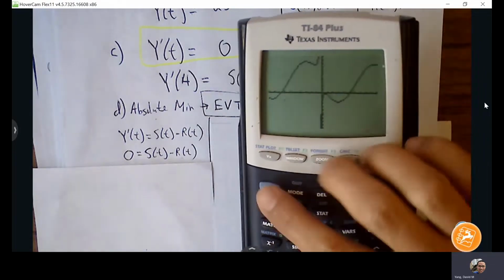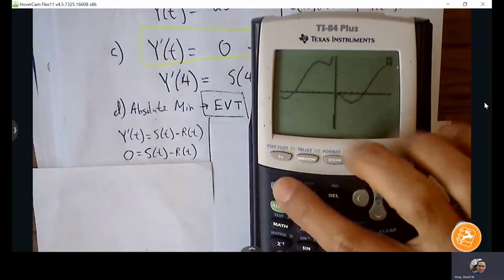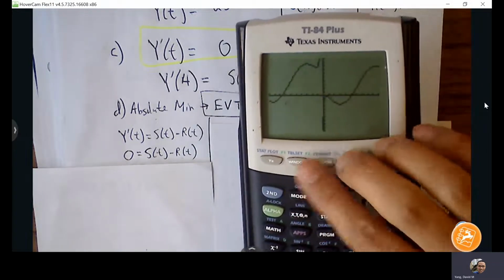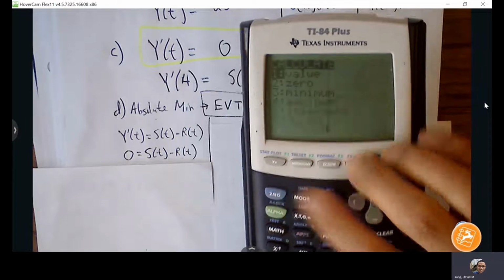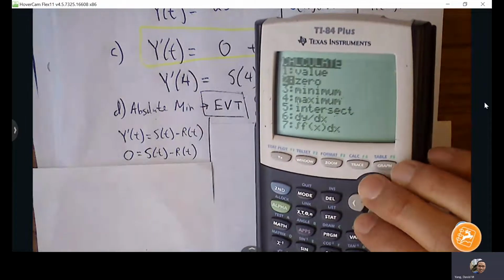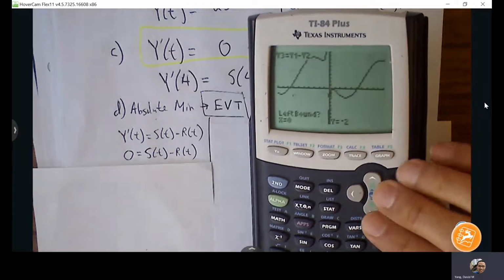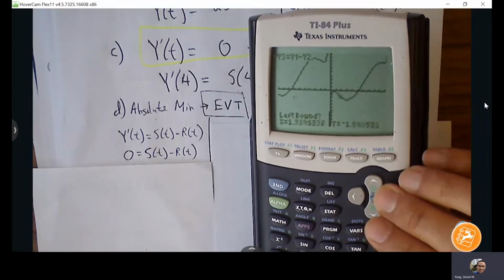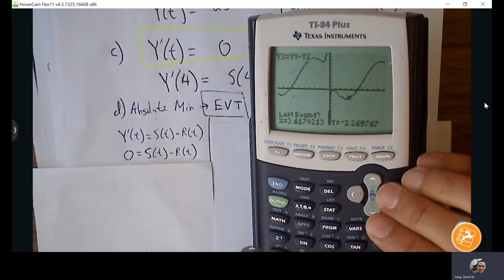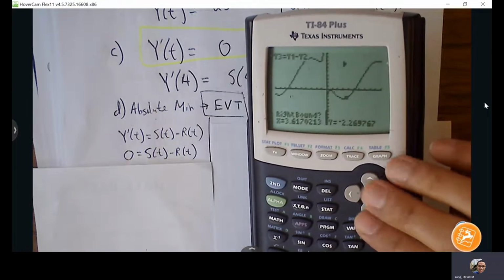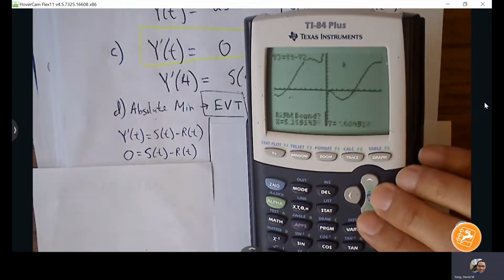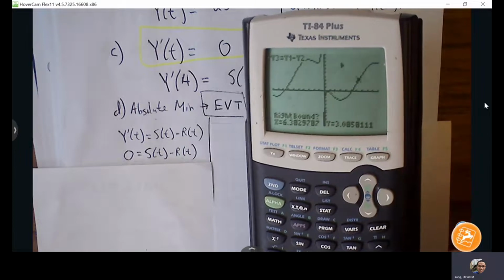I don't necessarily have to zoom in. I can just do second trace and look for 0. Second trace, zero. I'm going to pick a point to the left of the x-intercept and hit enter. Scroll over to a point on the right side of the x-intercept, hit enter.